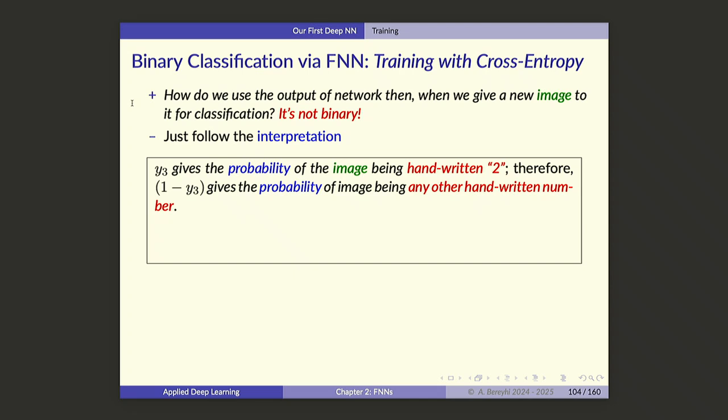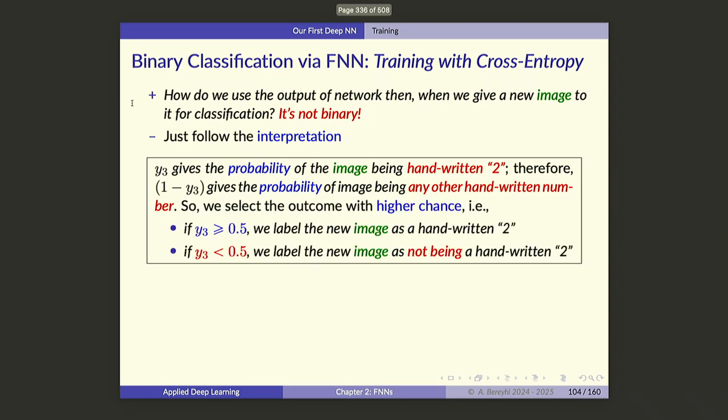If Y3 is the chance of being handwritten 2, then 1 minus Y3 is the chance of being any other handwritten number. You want to make sure you take the most likely output. So you take it as handwritten 2 if your probability is more than half. If it is less than half, then you take it as 0, right?